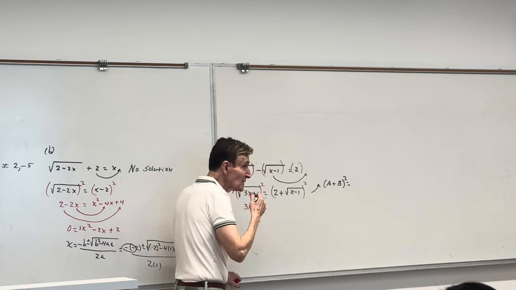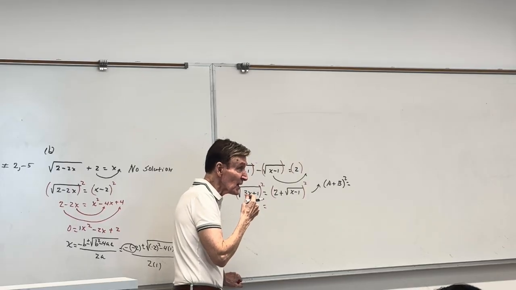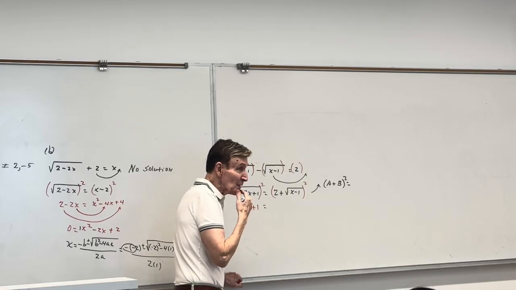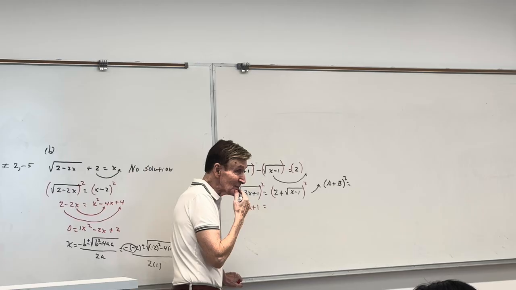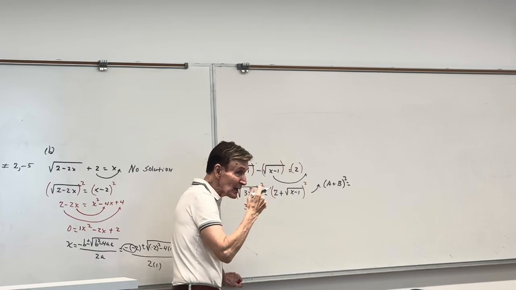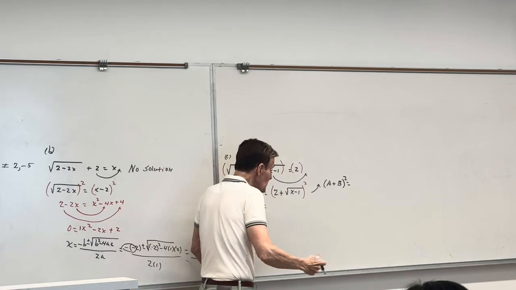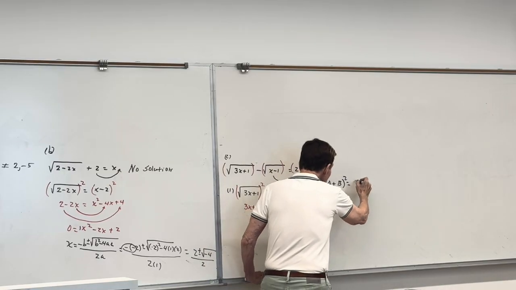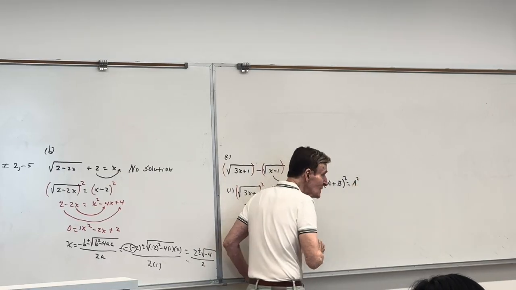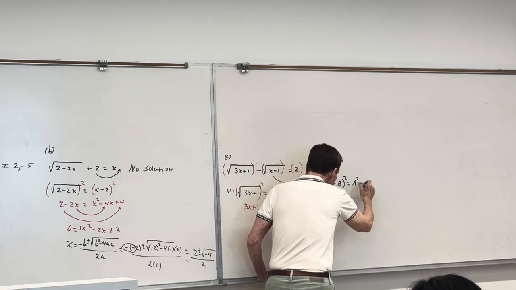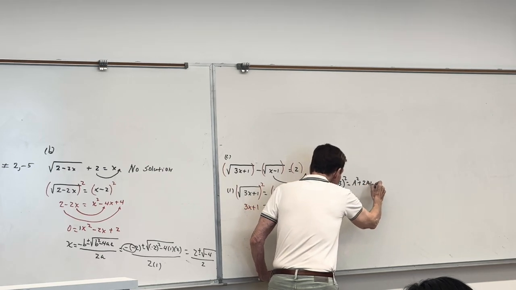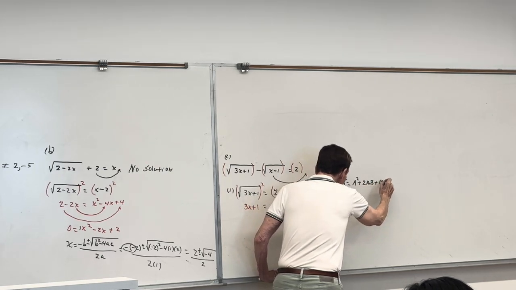From algebra 1, I think they teach algebra 1 now in 3rd grade. Does anyone remember what a plus b quantity squared was back then? A plus b times a plus b. Just out of curiosity. A squared plus 2ab plus b squared.